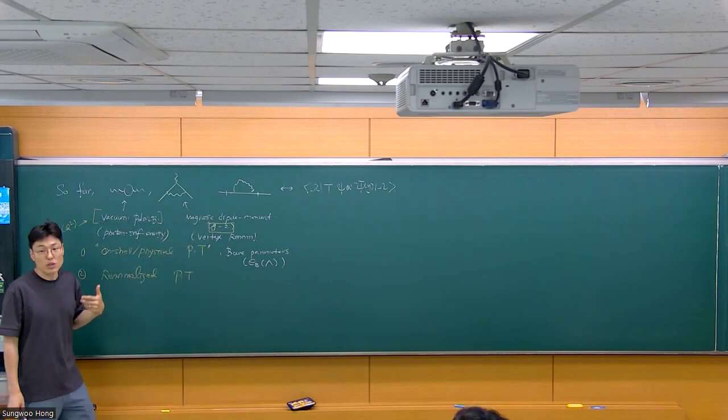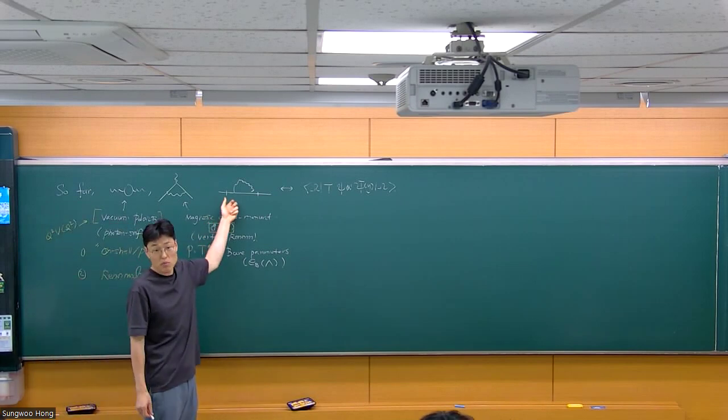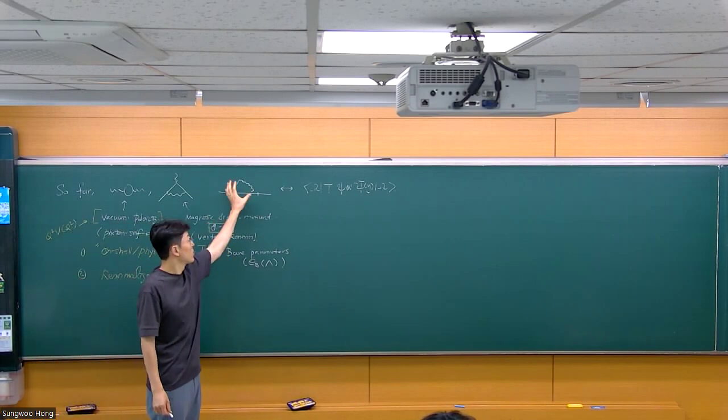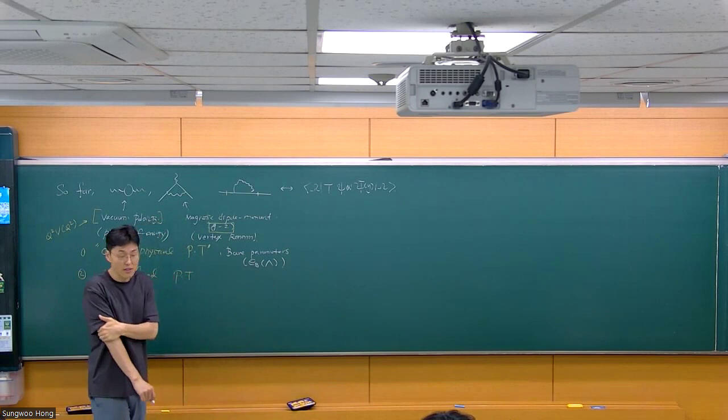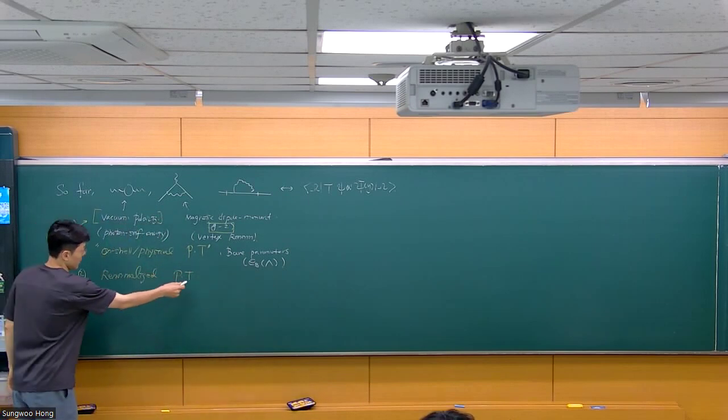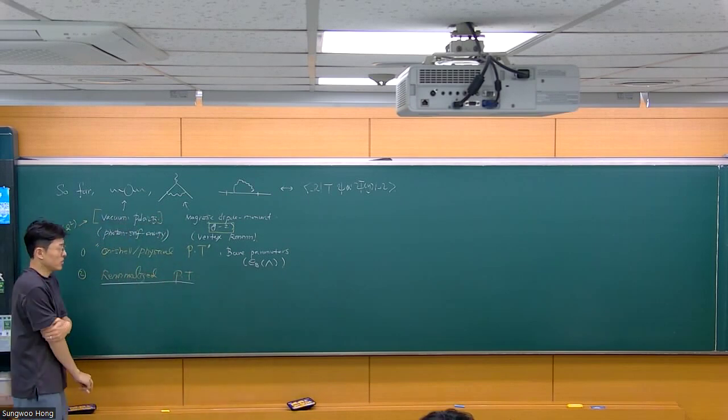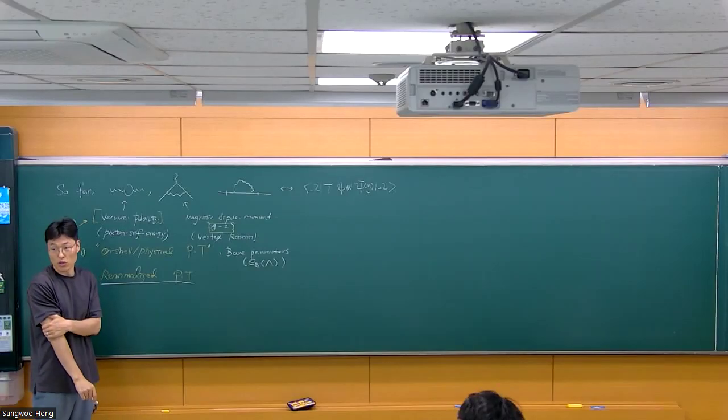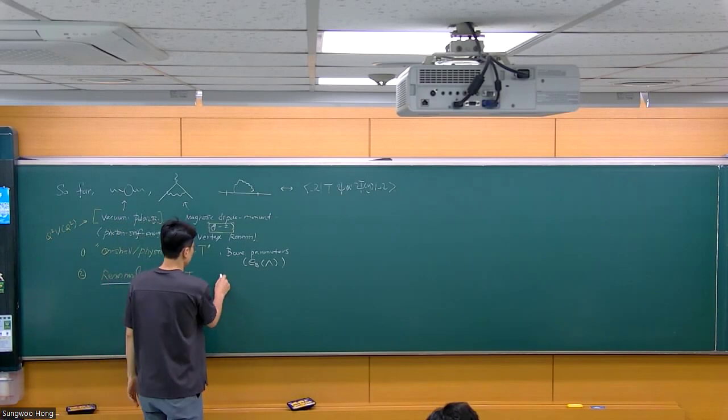So nevertheless, we should be able to make sense of these diagrams, and we should be able to remove UV divergences. In that context, this approach is slightly more convenient. So what was the difference here?